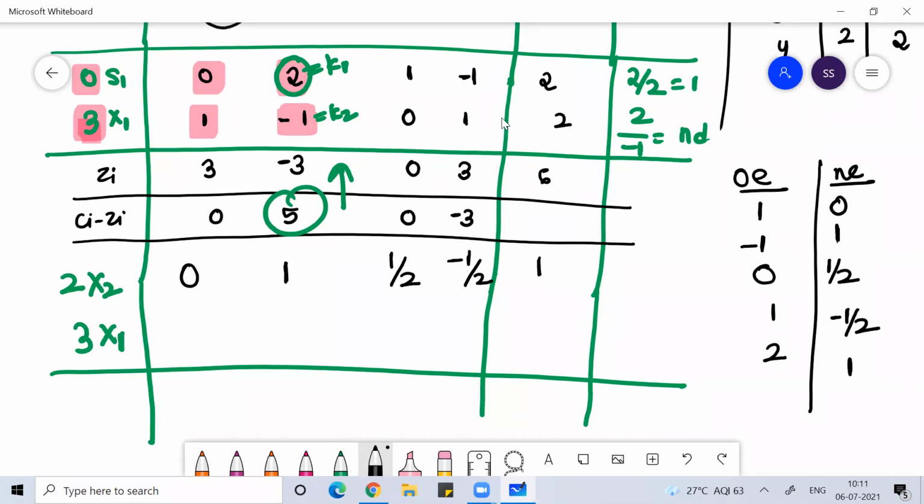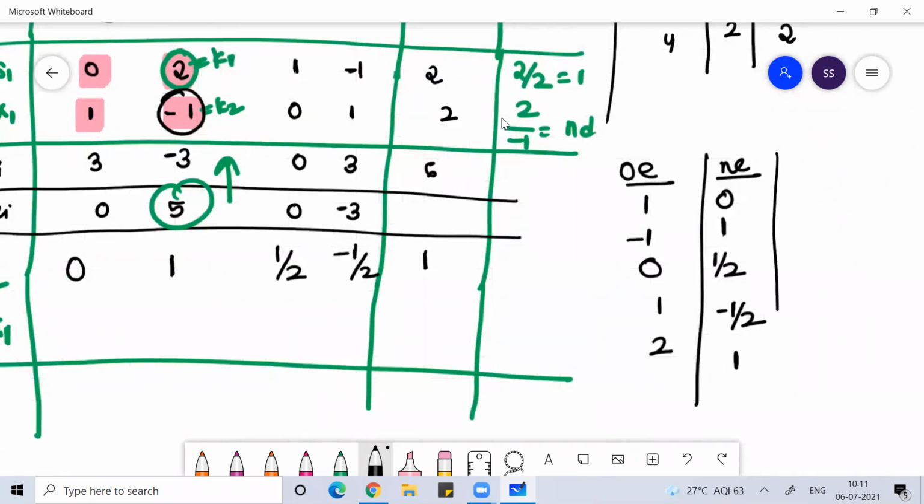The constant for this row is minus 1. So you can apply the formula: old element minus (minus 1) times new element, that is, old element plus new element.